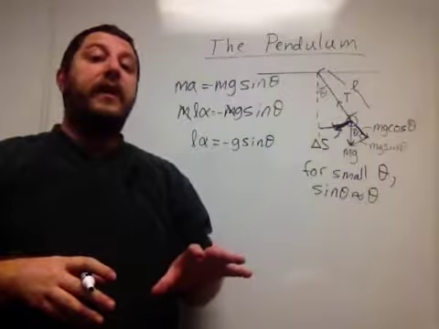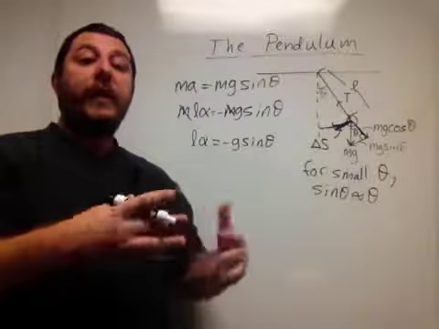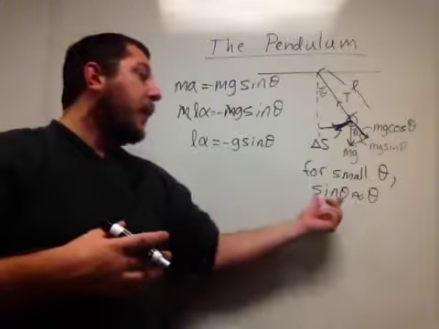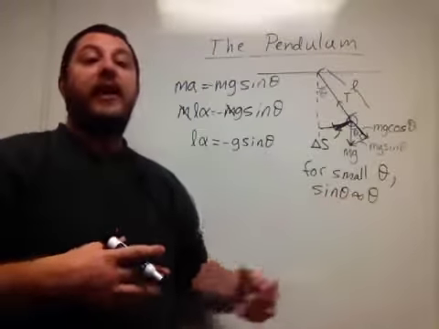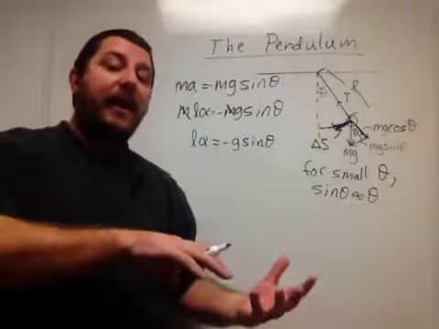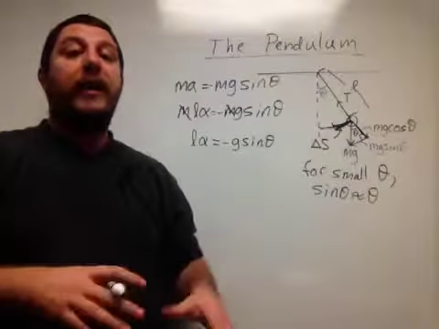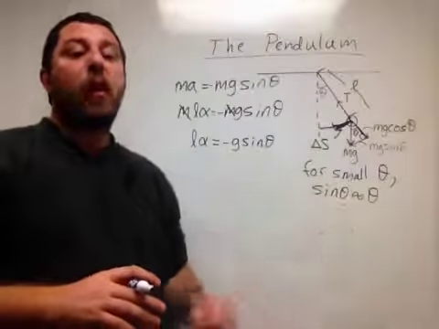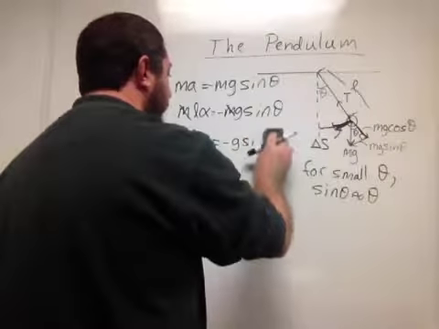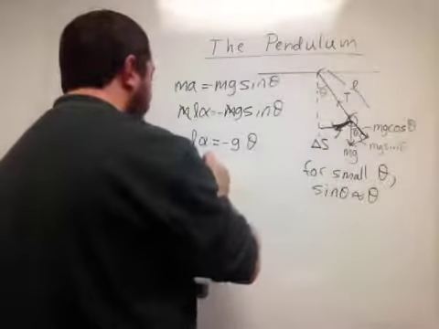Now, you have to do this in radians, but if you punch into your calculator sine of theta for a really, really small angle in radians, like 0.001 radians, and you take the sine of that, you should get something really, really close to 0.001. So the sine of 0.001 radians is really close to 0.001 radians. So for small angles, this holds. So we replace the sine theta with just theta itself and divide both sides by L.